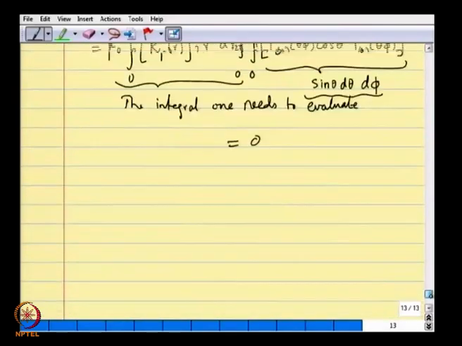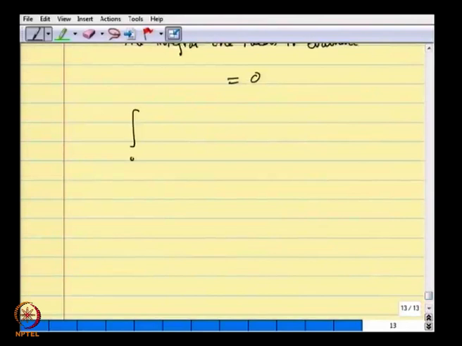So, what is left over is the only integral 0 to pi sin theta cos theta d theta, and the integral d phi, 0 to 2 pi, will of course give you 2 pi. That will go away with the normalization constants that you have already defined.